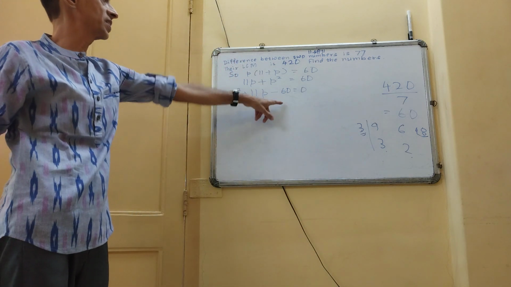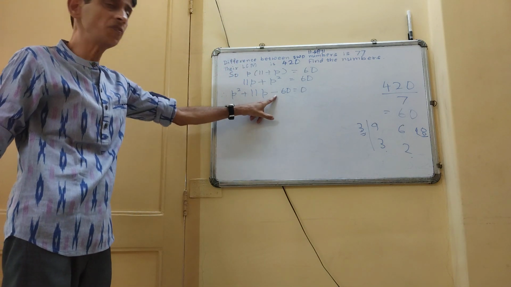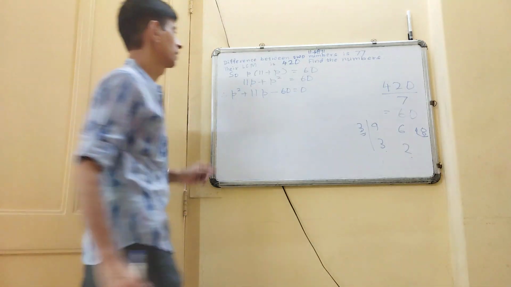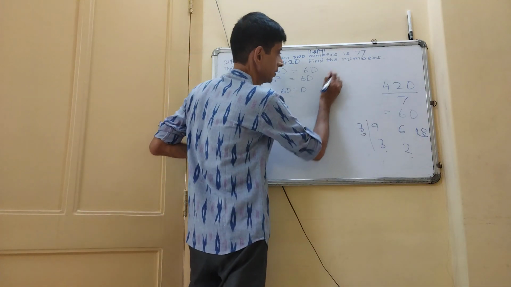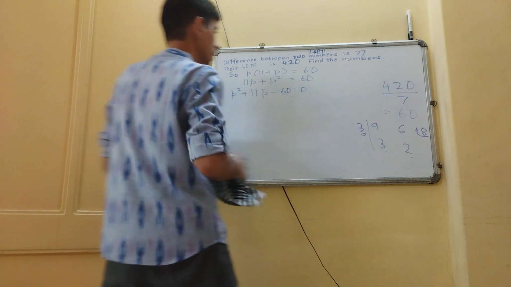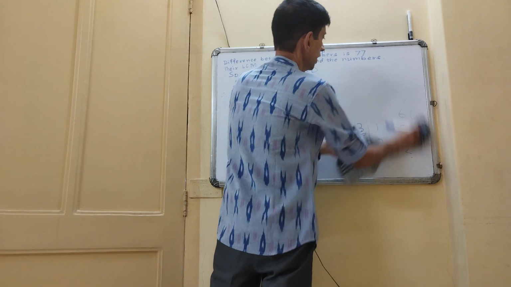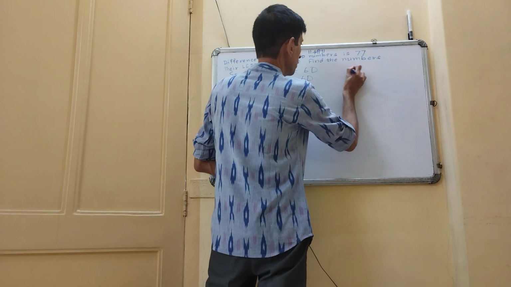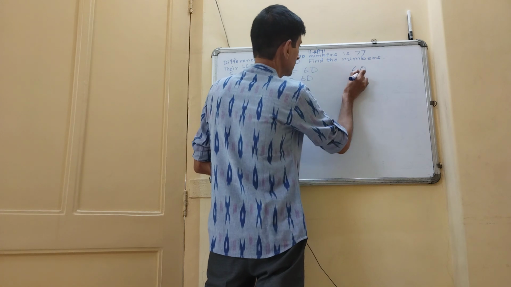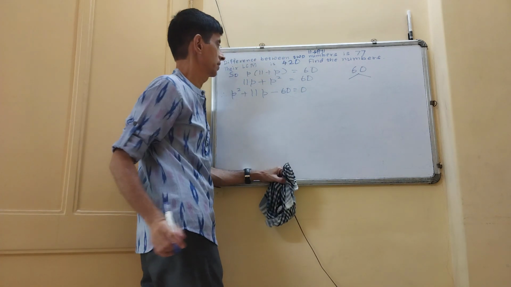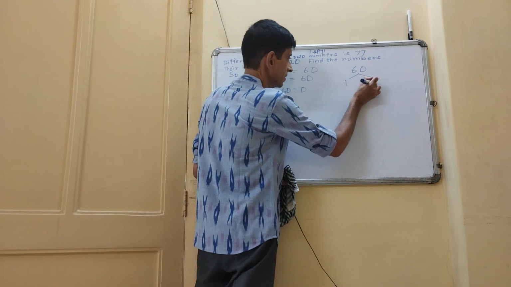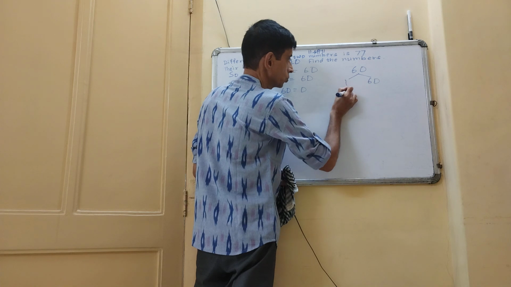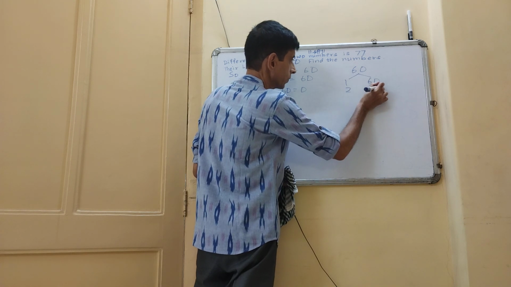Now factors of 60 with a difference of 11. So this makes our task easier. For 60, we have to find the factors with a difference of 11. So 1 and 60 will make it 59. 2 and 30 will make it 28.